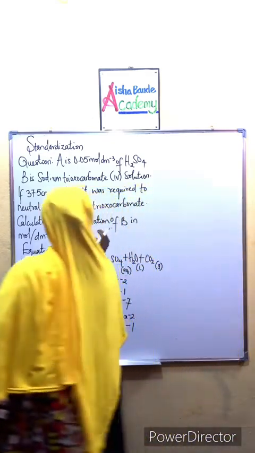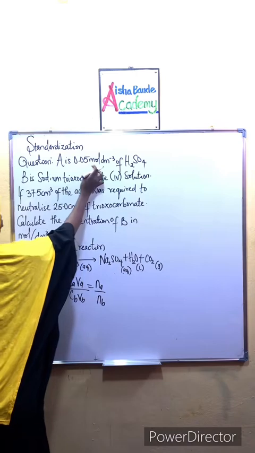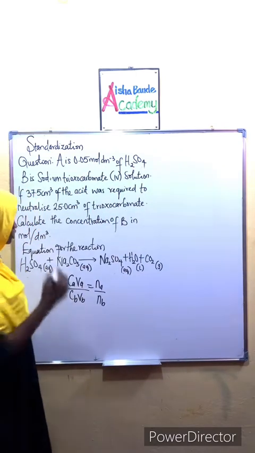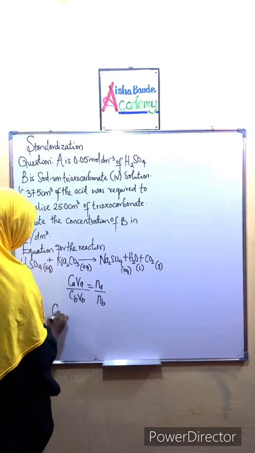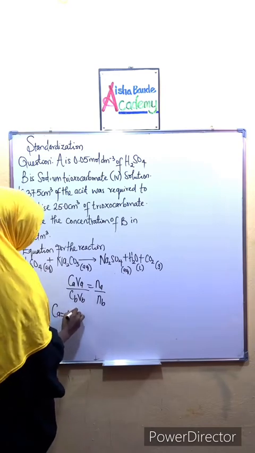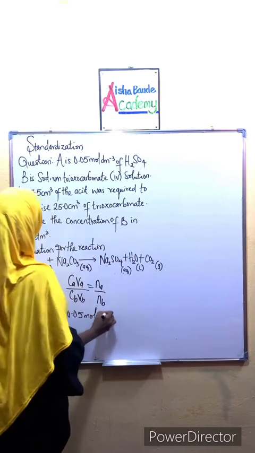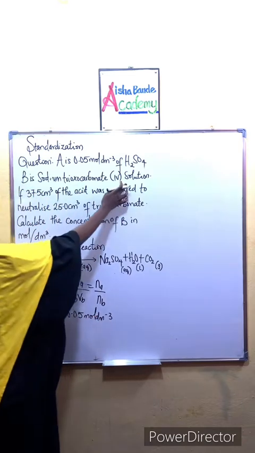Now let's bring out the parameters that have been given in the question. It is 0.05 mole per dm cube of H2SO4, and we know that H2SO4 is an acid. So that means the concentration of acid is 0.05 mole per dm cube. While B is sodium trioxocarbonate.